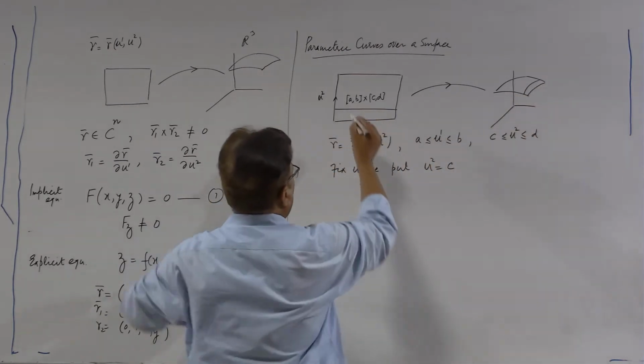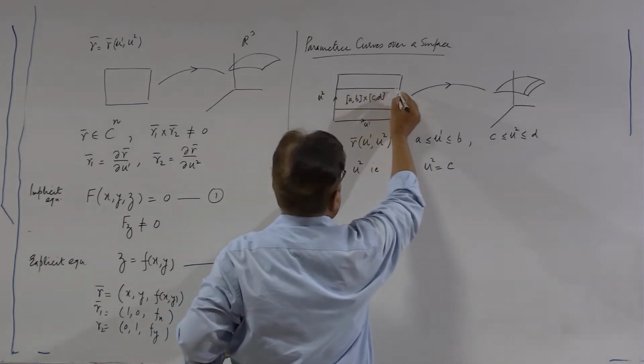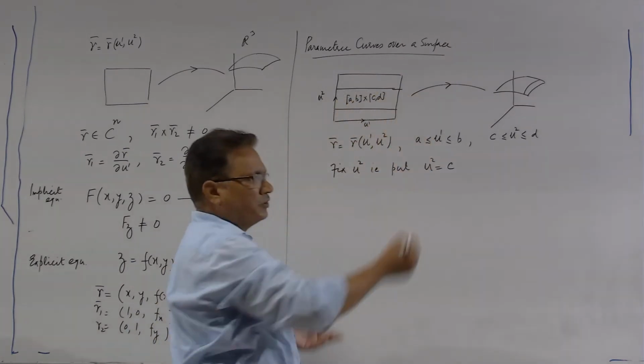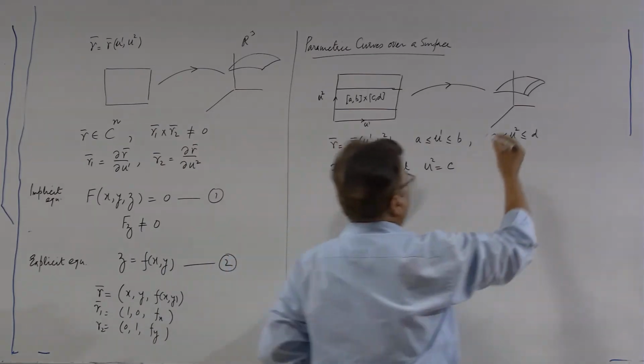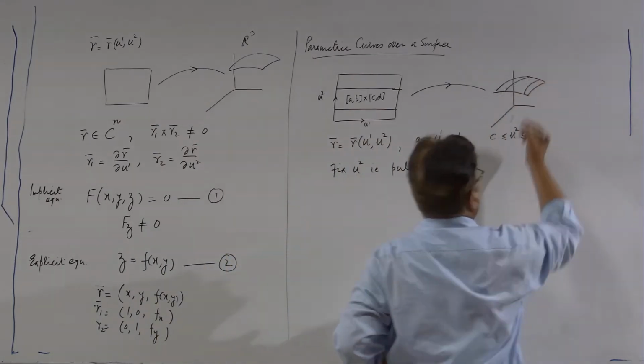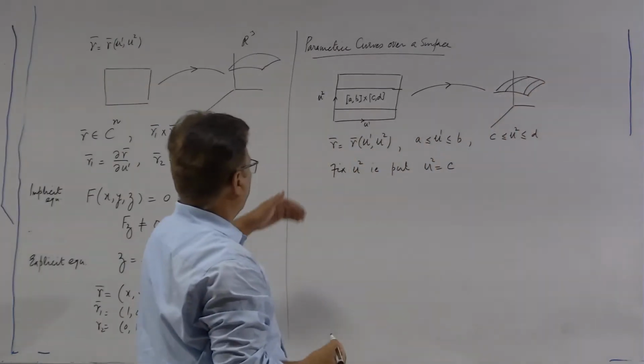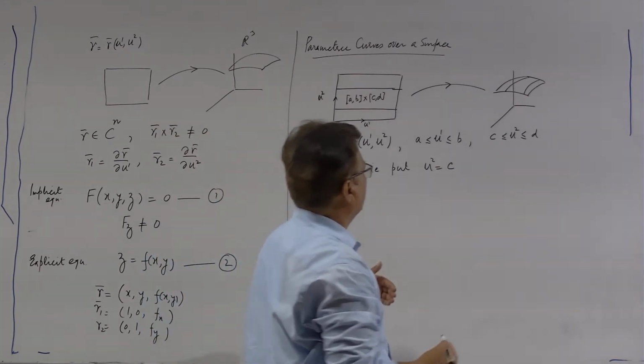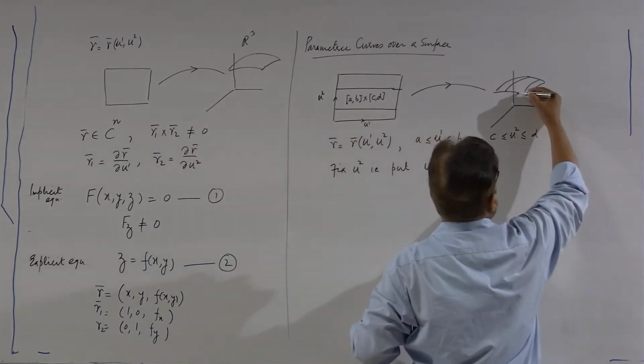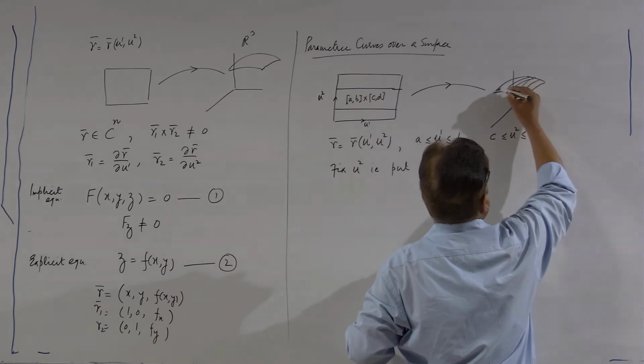If you fix u2 equal to some other constant, its image will be somewhere over here. So, fixing u2 equal to constant will give you curves like this over this surface.